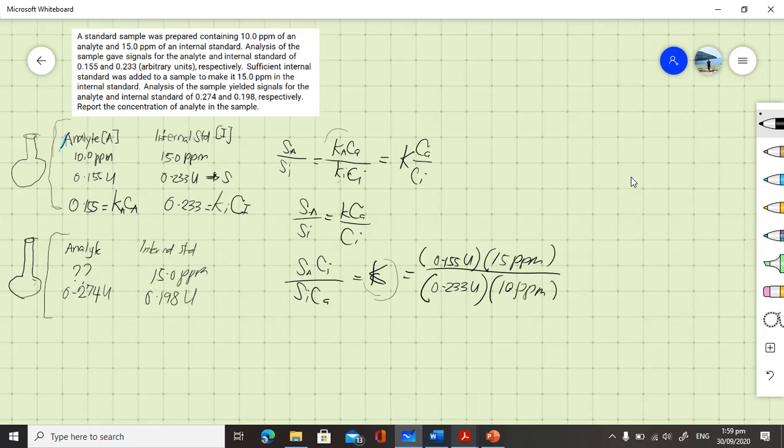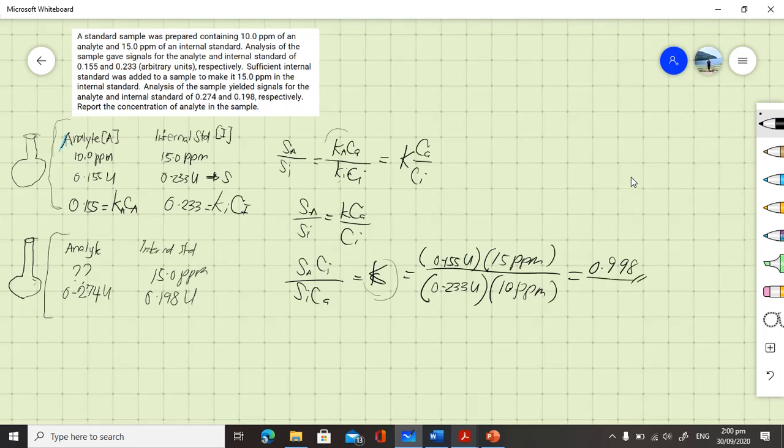That gives you a K value of, how much is that? 0.998. Okay? So that is our K value.